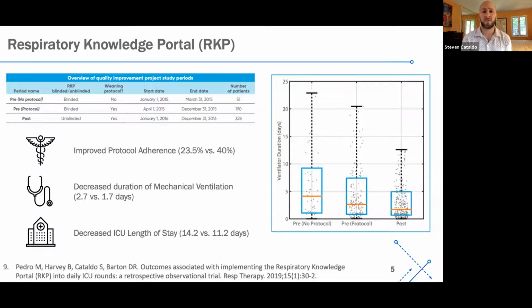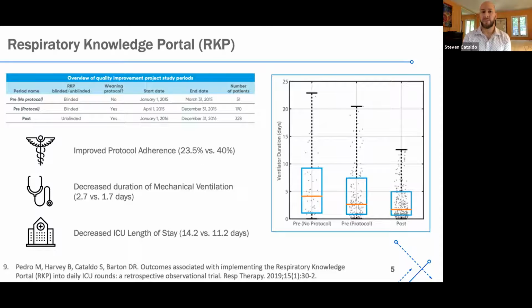So this was broken into 3 arms. We have the pre, as I call it, the no protocol. This was the original standard of practice at this institution before they instituted new best practice guidelines and protocols. All right. RKP was put into the system, but it was blinded to the clinicians.